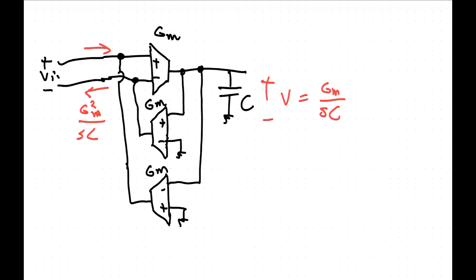This is V in, so I've got to multiply that by V in. So I've got to have V in here. Okay, and the current that flows up here is also GM squared times V in divided by SC.